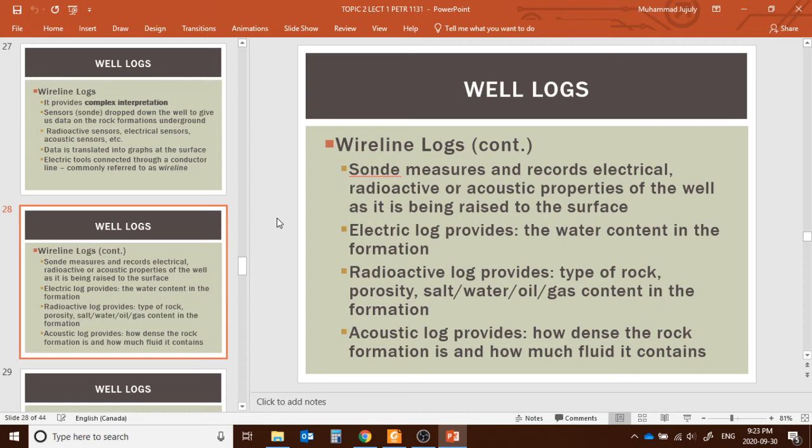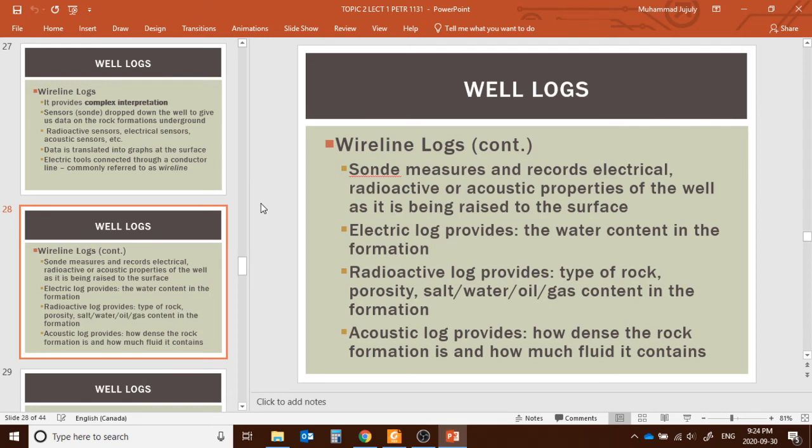So it has some sensitivity and resistivity, and also there are some salts dissolved in this type of water, right? So from there we can get data on what type of water it is and what the salinity of the water is. Okay, so this is the information we will get from the electric log.